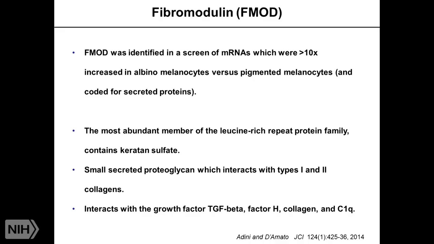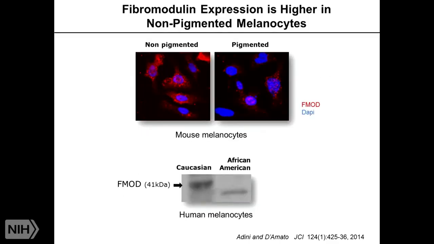This protein is called fibromodulin, and fibromodulin is a member of the leucine-rich repeat protein family, which also contains famous proteins like keratan sulfate. And it's a small secreted proteoglycan which interacts with collagens and has some signaling through TGF-beta.